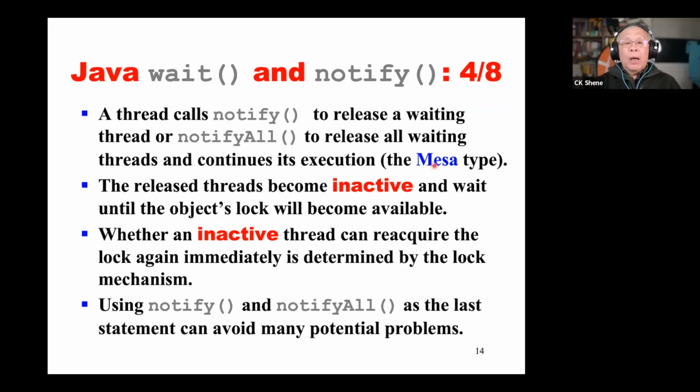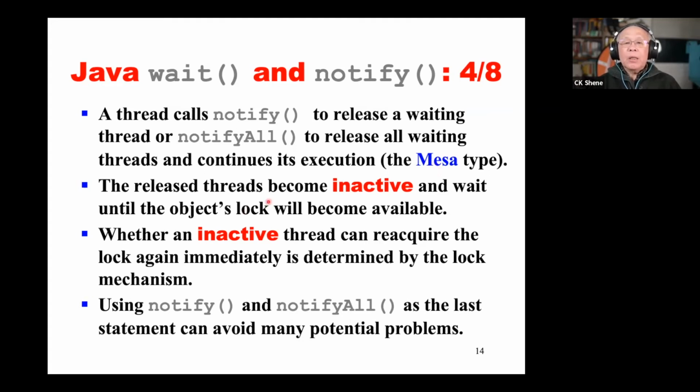Remember, under the Hoare type, the caller to signal would yield the monitor to the released one, right? Under the Mesa monitor, the caller to the signal method continues, but the released one will be put outside of the monitor or wait somewhere. So always remember, Java uses the Mesa type monitor.